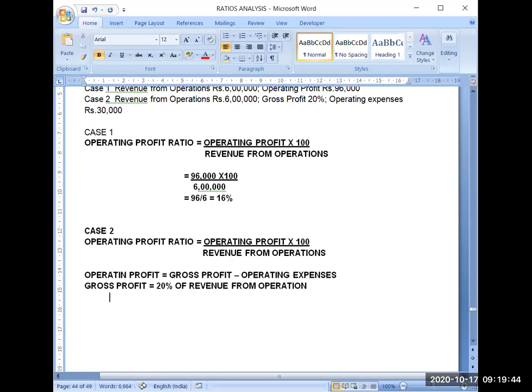Now if I solve that part, it will become 6 lakh multiplied by 20 upon 100. 6 lakh multiplied by 20 upon 100. So that way it will become 1,20,000.